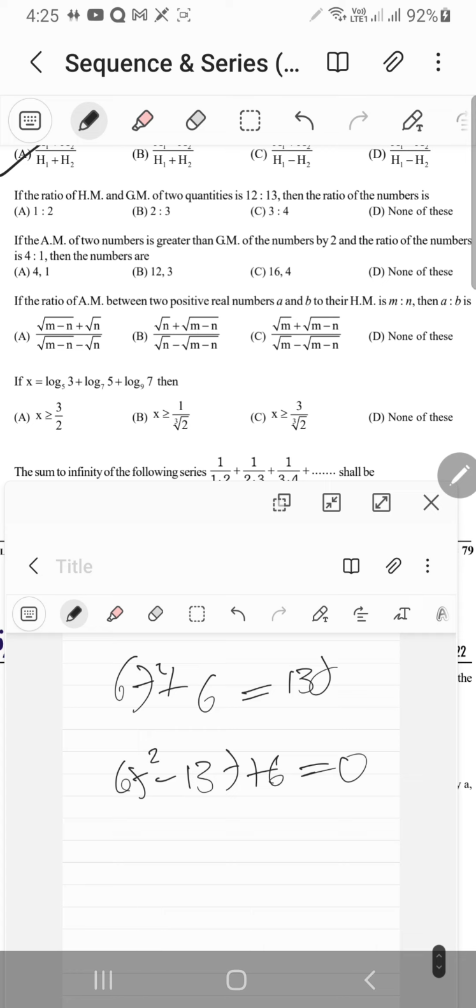6 times 6 is 36, which we can write as 12 and 3. No, that's not going to work. 13, 4 and 9. Yes, 4 and 9.